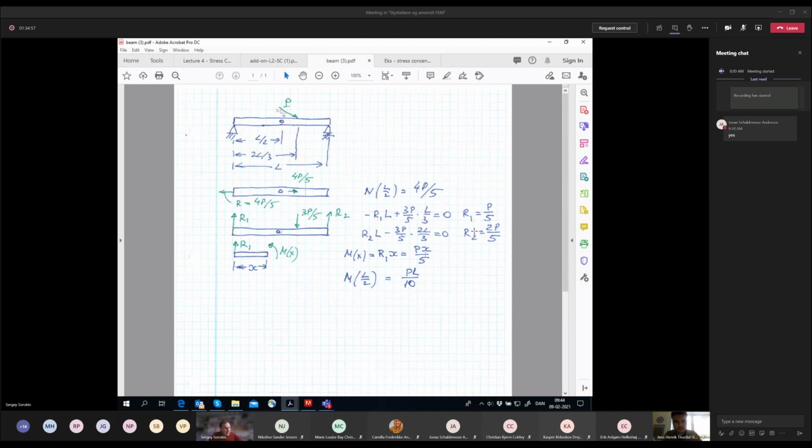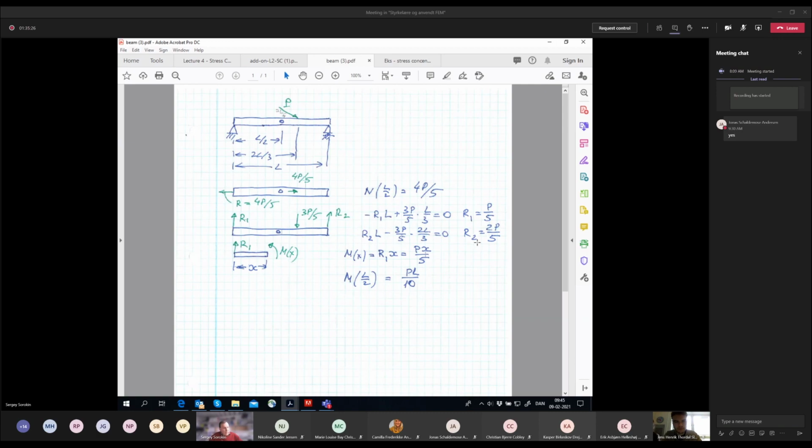Then I do exactly the same thing, but now my reference point is here, where force R1 is acting. I take my R2 times L, the moment of force R2 with respect to this point, anticlockwise with plus. The moment of force 3P over 5 is minus, clockwise, and the arm is 2L over 3, this one.